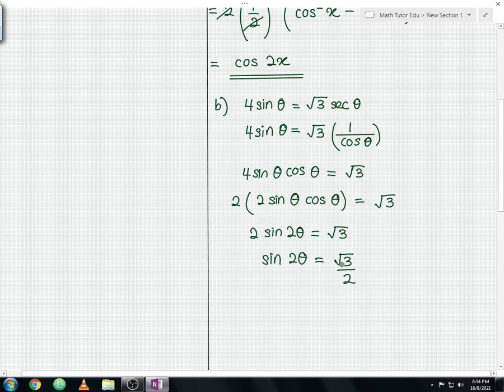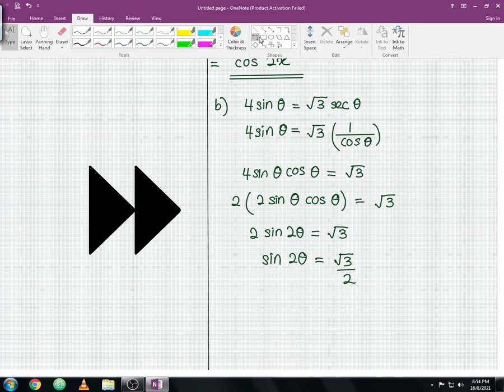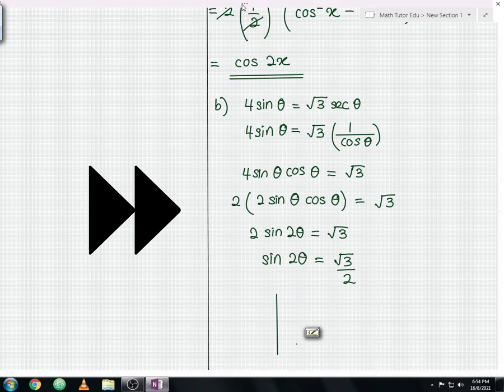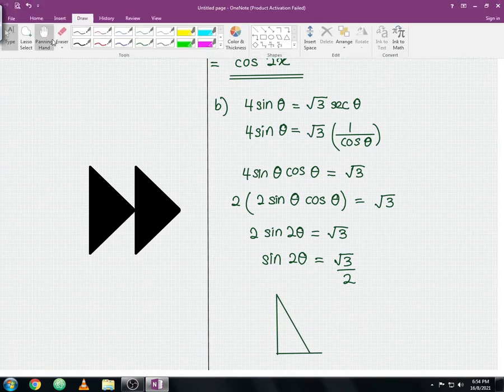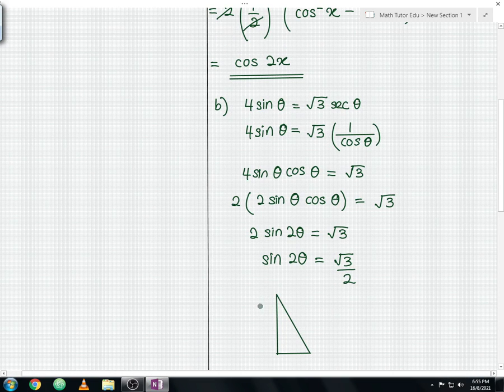If you don't know what the triangle identity is, please wait for a moment. Let me draw the triangle now. From here, this length will be 2 and this shorter length will be 1.